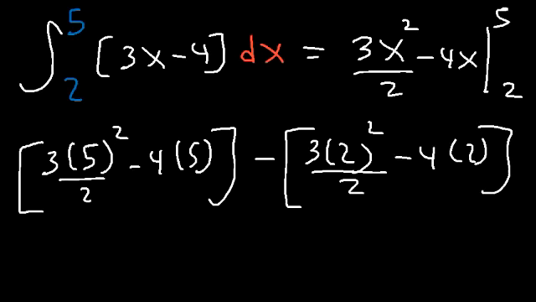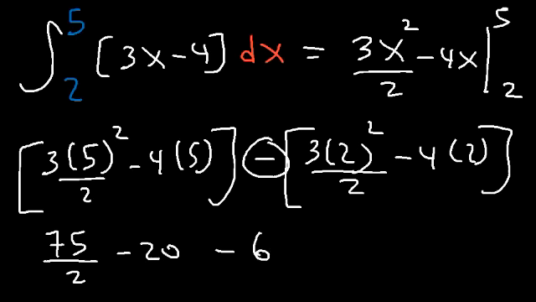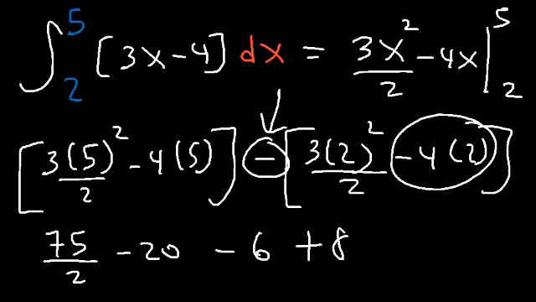And now let's find the answer. 5 squared is 25 times 3. That's 75. 4 times 5 is 20. Don't forget to distribute the negative sign. 2 squared is 4. Divided by 2, that's 2 times 3 is 6. So it's going to be negative 6. Here we have negative 4 times 2, which is negative 8. With the negative symbol in front, that's going to be positive 8.